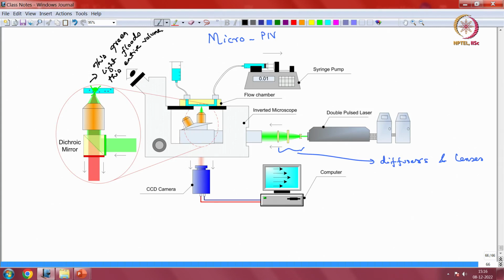And because of this, you end up having volume illumination. So micro PIV has volume illumination instead of light sheet illumination.